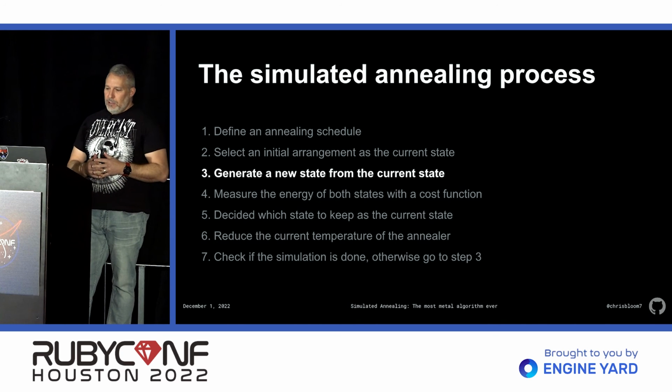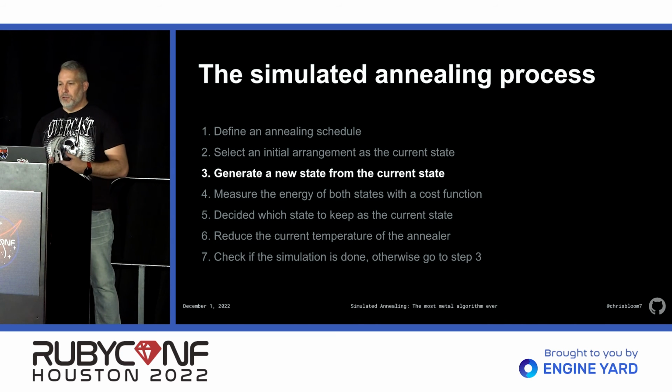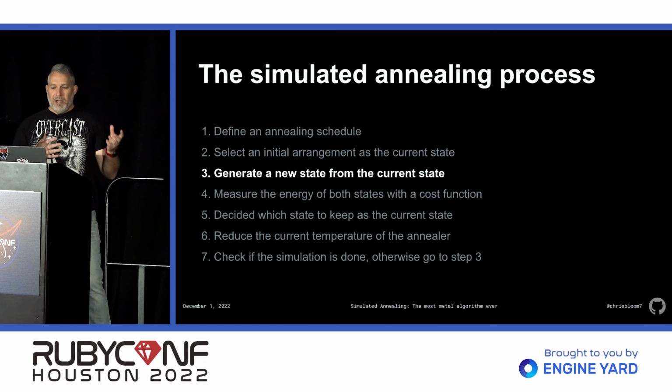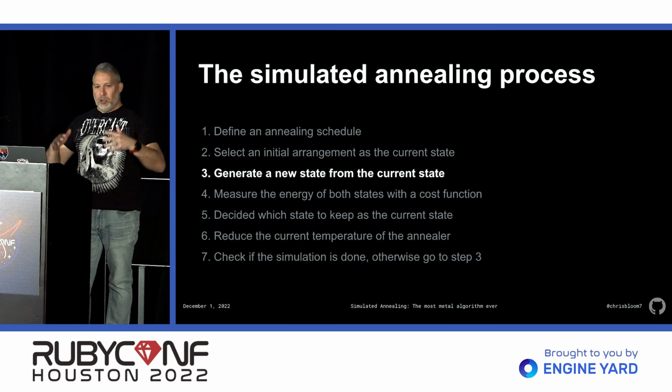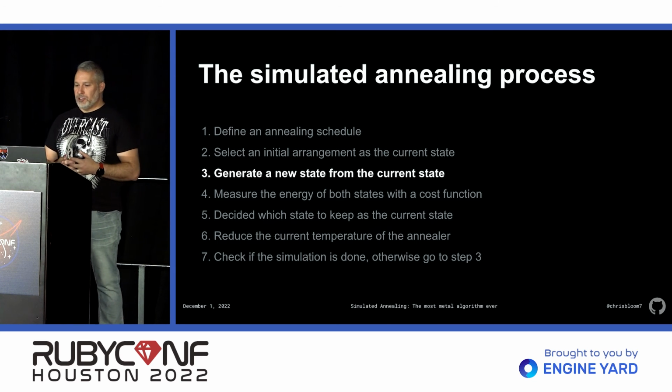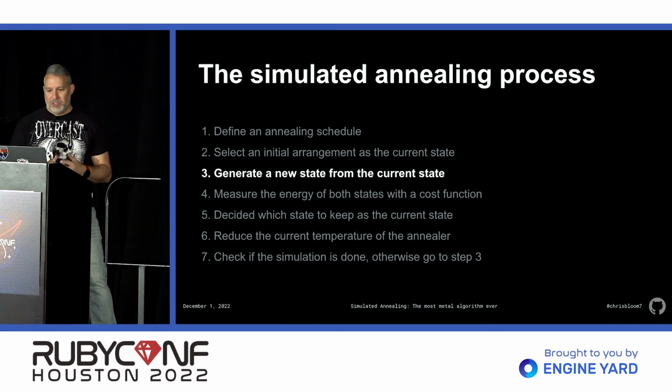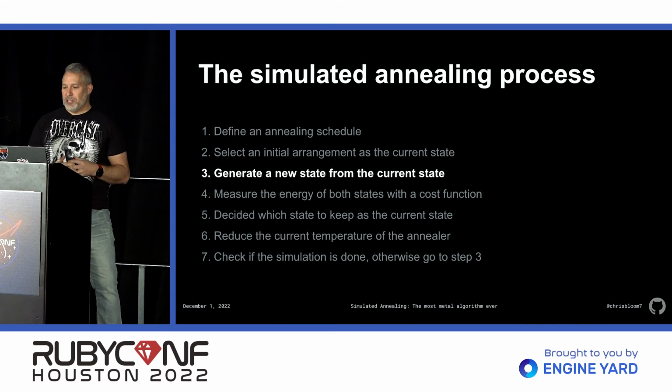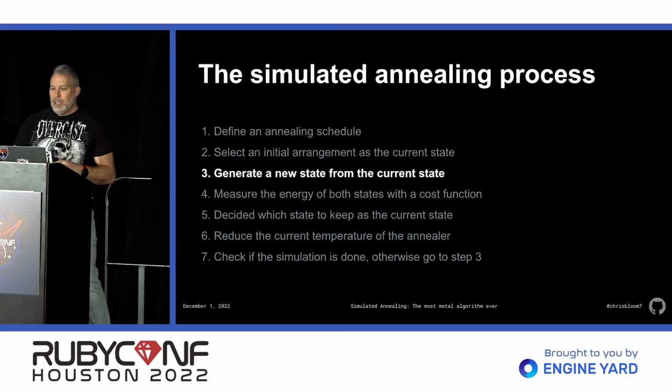Step 3. Generate a new solution from the current state to use as the new state. We need a way to traverse the problem space, which is all of the potential solutions, in search of an optimal or approximate solution. Earlier, we gathered all of the permutations of a set and then looped over them.